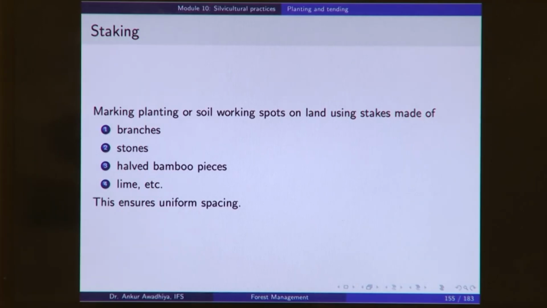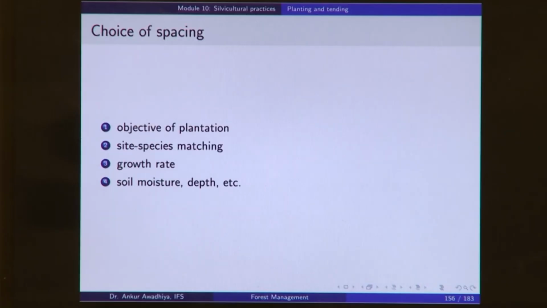And this ensures uniform spacing, because once you have started to dig the holes, if you have done proper staking, then your plantation will look uniform. If it is not done properly, then your plantation will look very haphazard. This spacing of staking is decided based on the objectives of the plantation. Do you want a plantation just for fuel wood, in which case you will want the spacing to be less, so that all the area is covered with your trees?